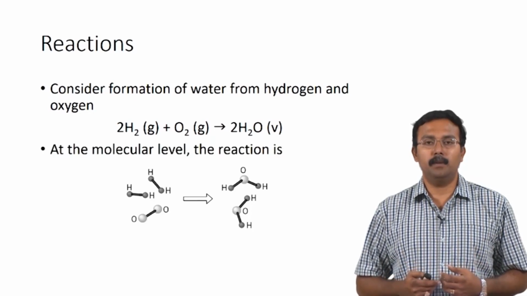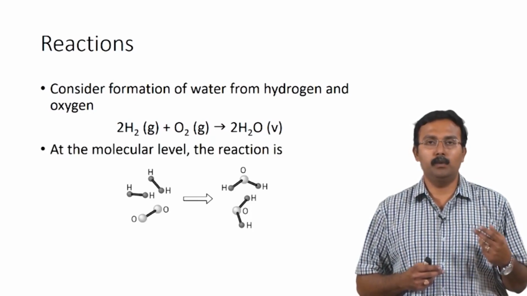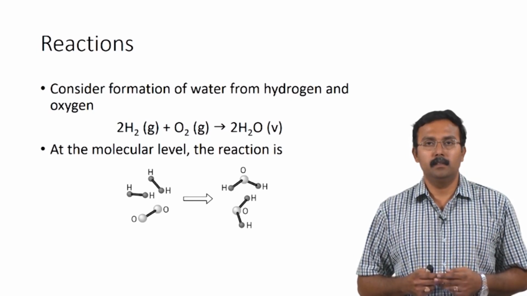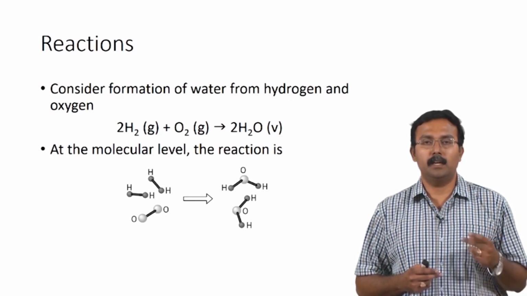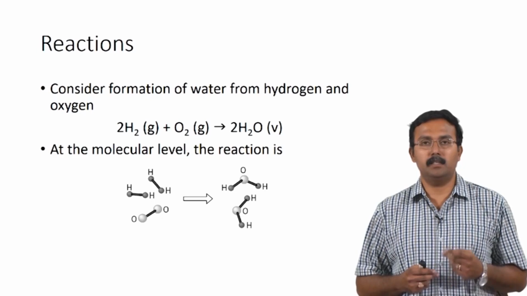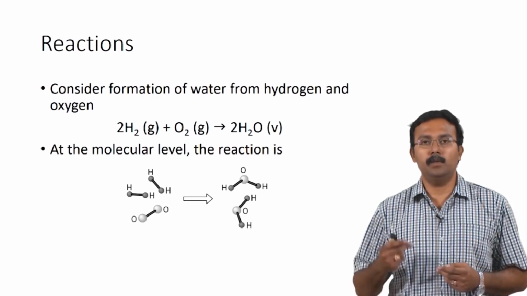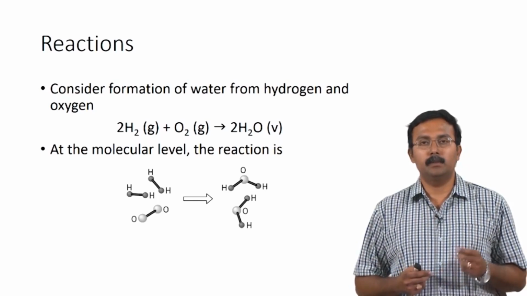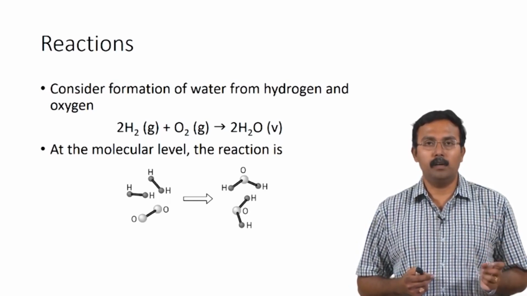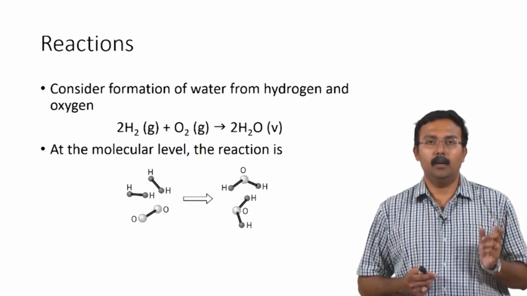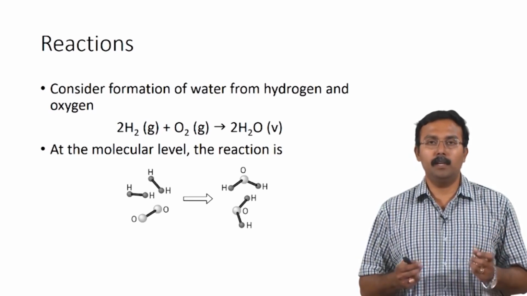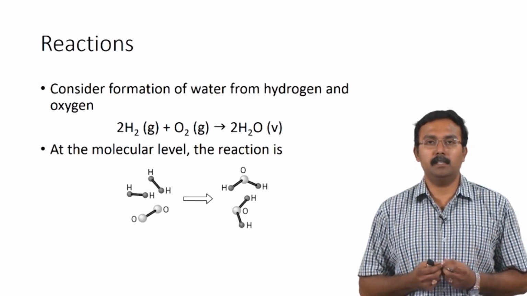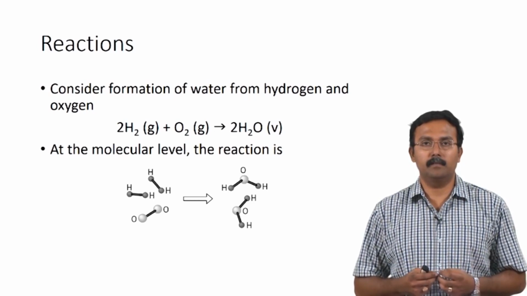So, if you look at it from a molecular level, what is happening? You have 2 molecules of hydrogen. So, basically H-H and another H-H are reacting with O-O to finally form H2O. The H2 has bonds, and O2 also has bonds holding the 2 atoms of hydrogen and 2 atoms of oxygen together.